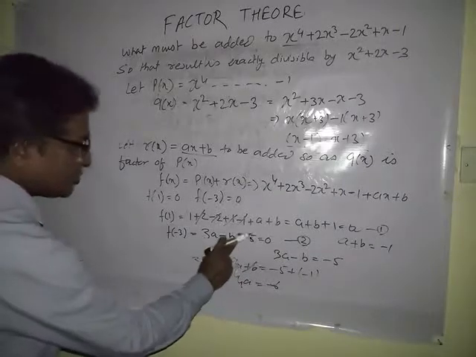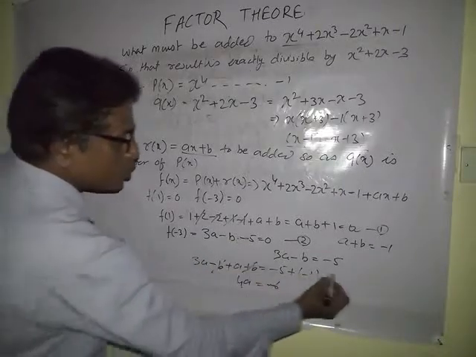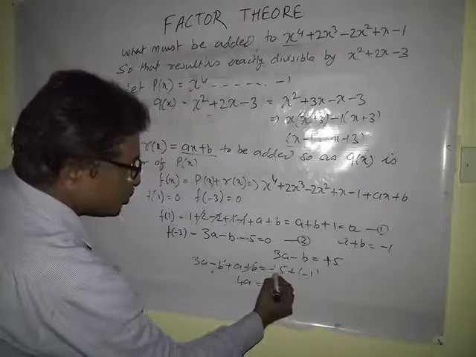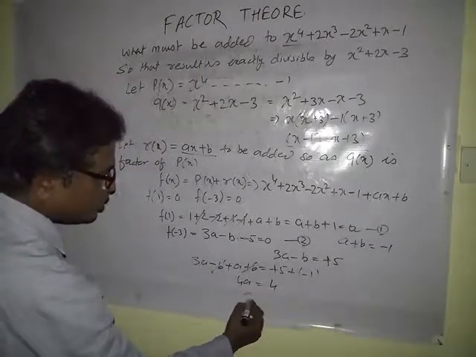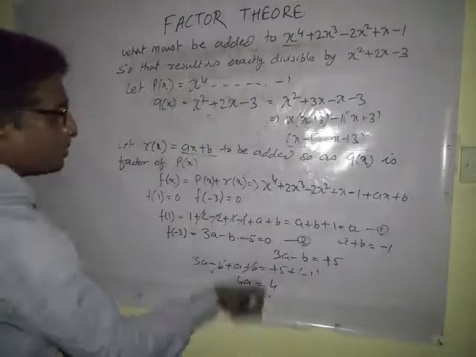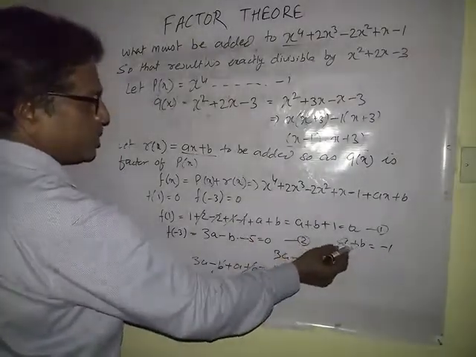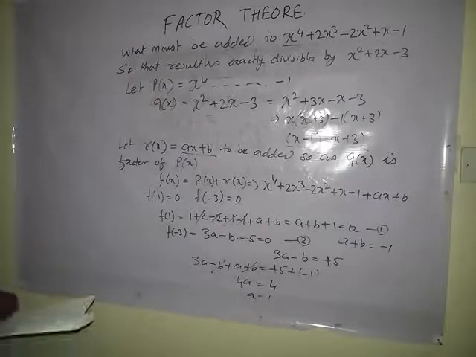Sorry, this is minus 5, you will get, so it will be plus 5, and here you will get a 4. So a is equal to 1. Apply the a value here, you will get the value of b.